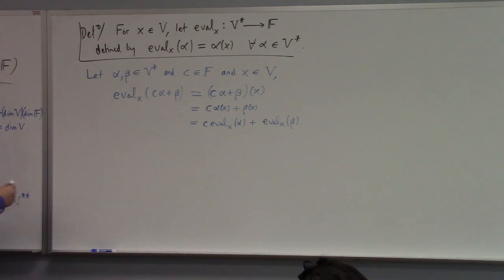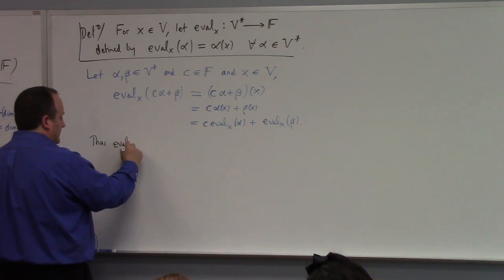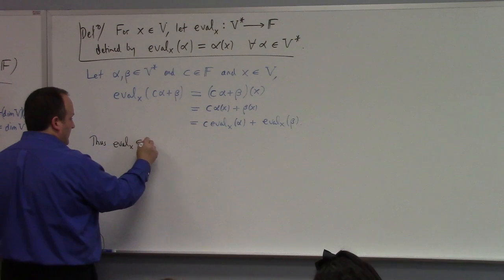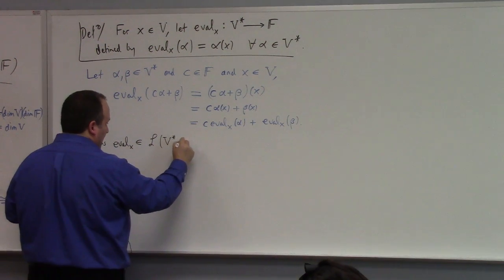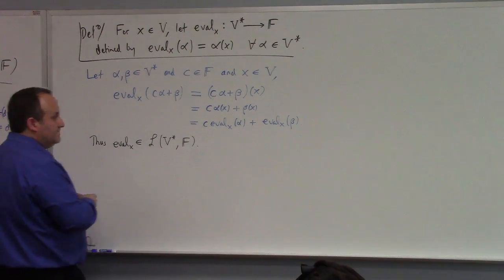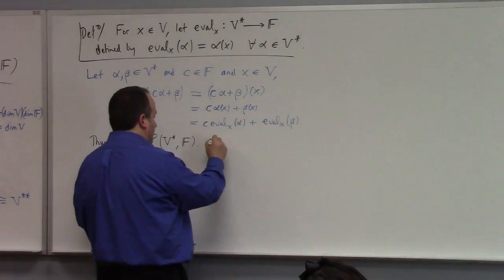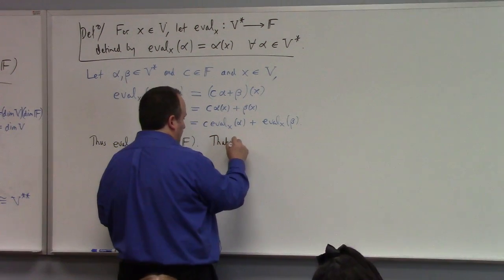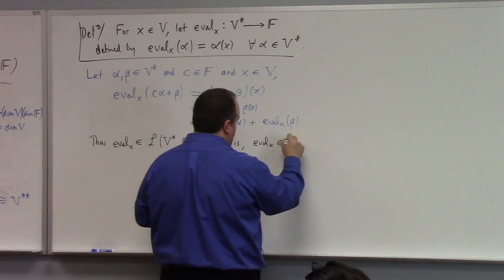Thus, eval x is an element of the things that take in dual vectors, and the output is scalars. In other words, eval x is an element of V double dual.